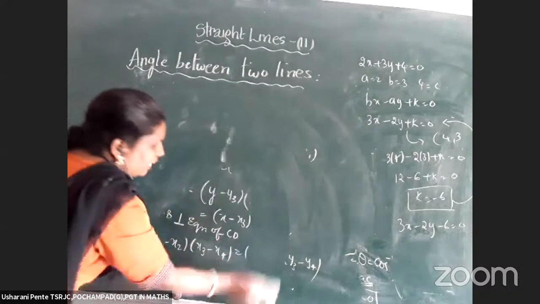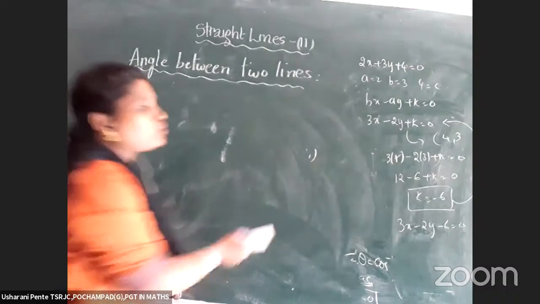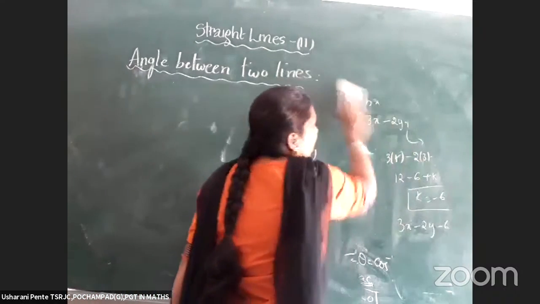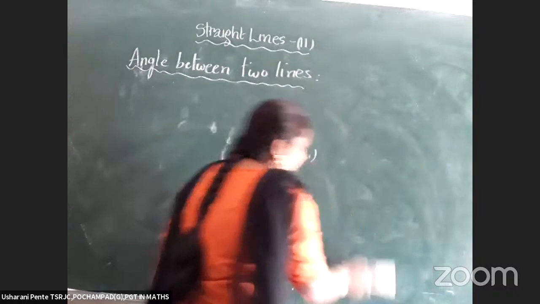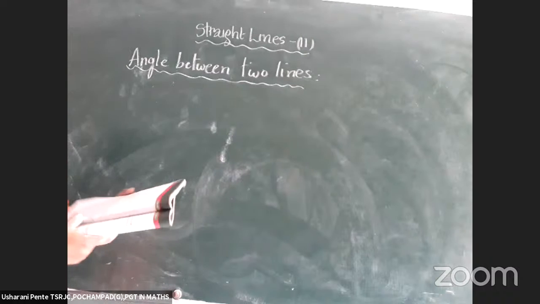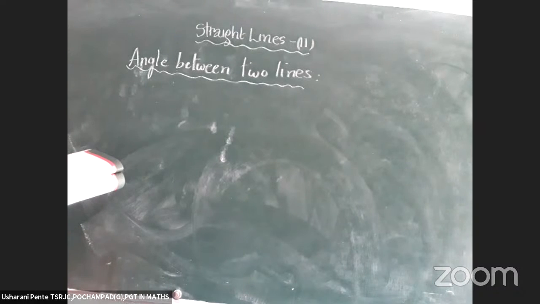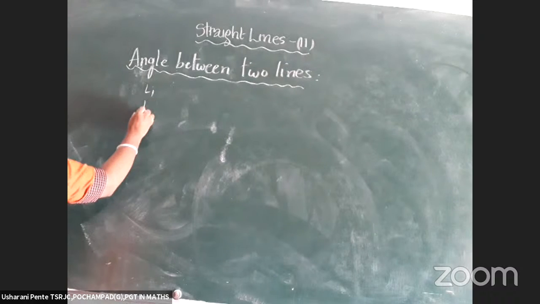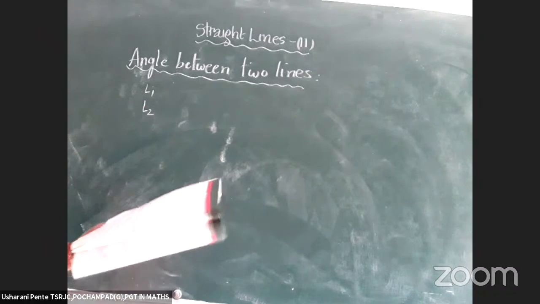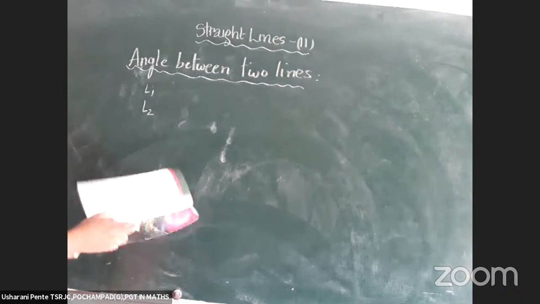So next, what have they given? Here we have seen how we find the angle if the 2 lines are given. What if we have another corollary, that is, if L1 and L2 are two non-vertical straight lines?